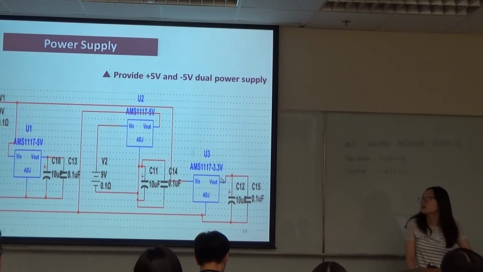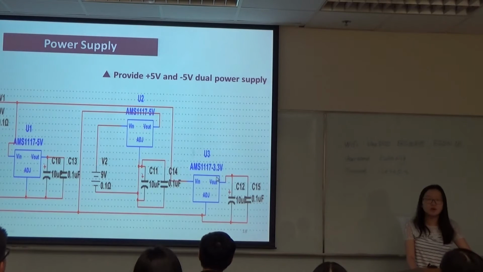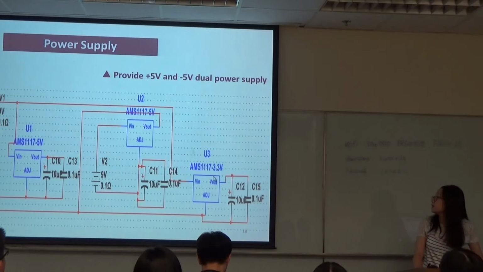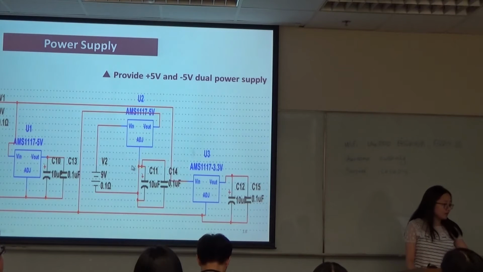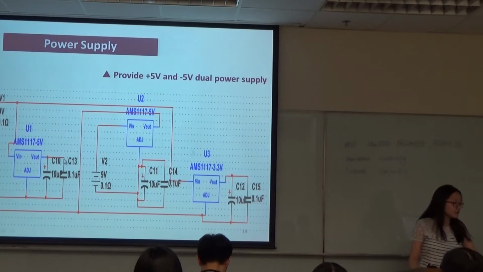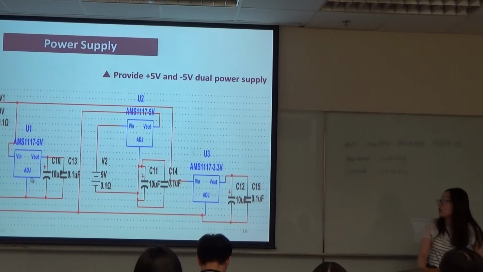And next, we can see here is our power supply. We use 3 AMS1117 chips as the voltage regulator. We connect the ground pin of the first 5-volt chip to the output pin of the second 5-volt chip.